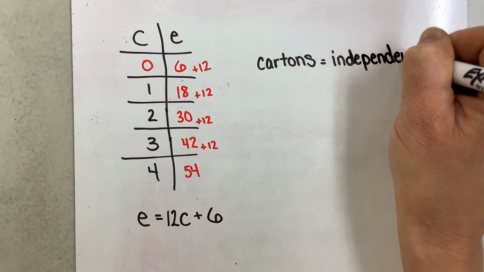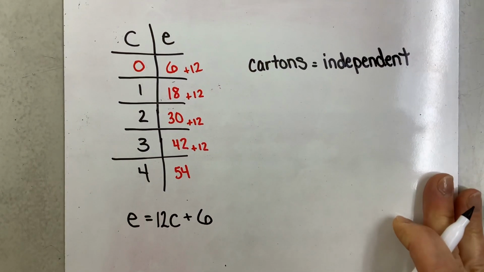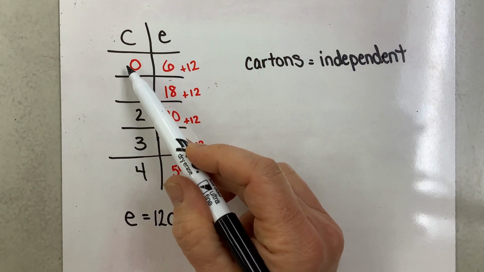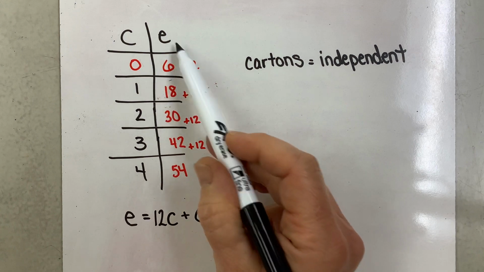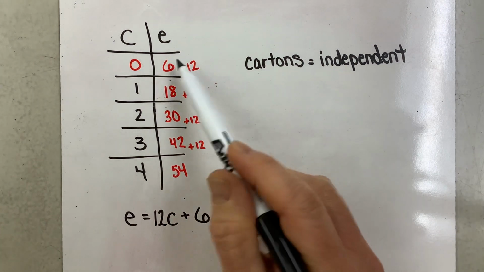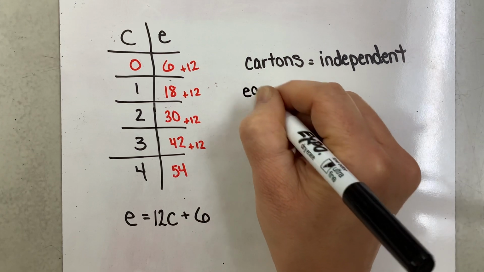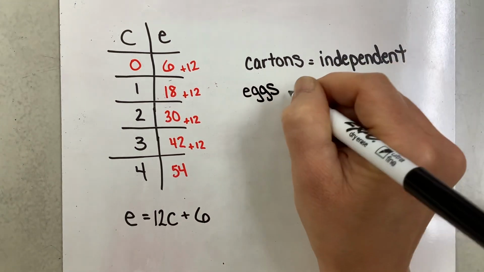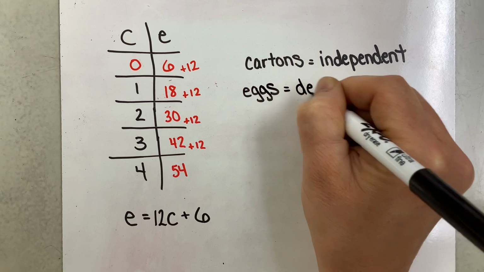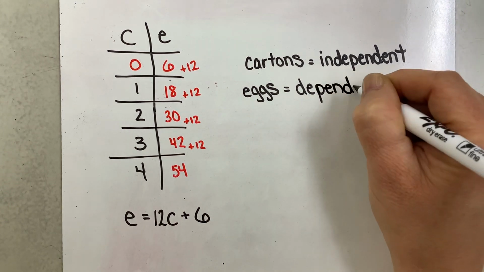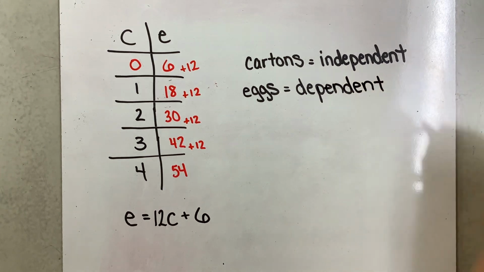They're just sitting, waiting, happy to be in a carton. Now the eggs depend on how many cartons you buy. The eggs that you need must come from the cartons. They depend. So our eggs depend on how many cartons you buy. So that means our eggs are dependent.